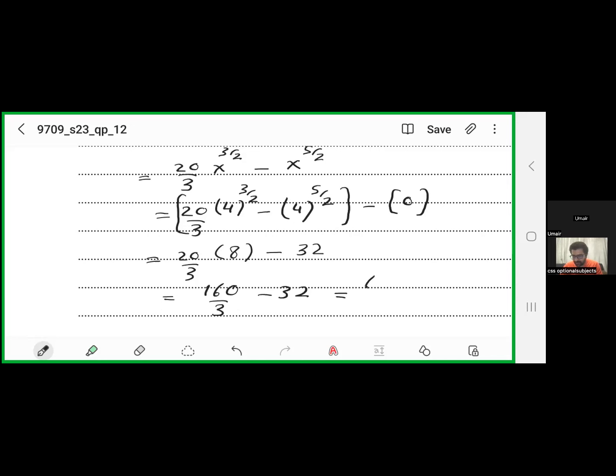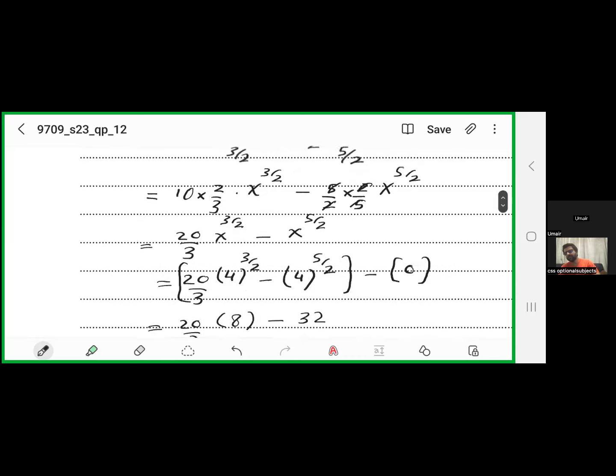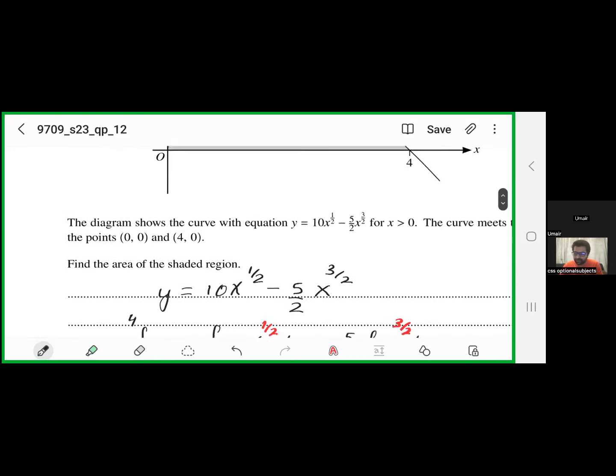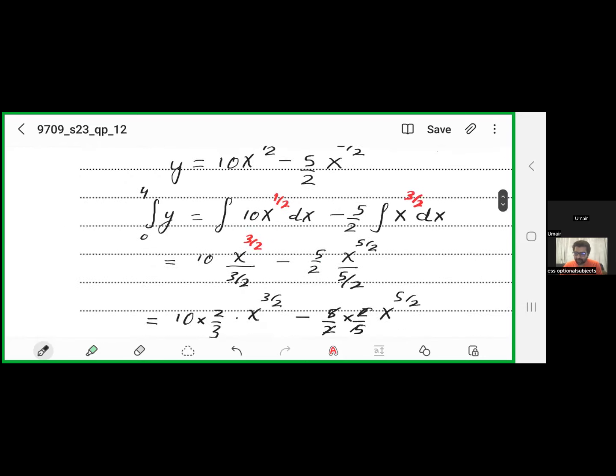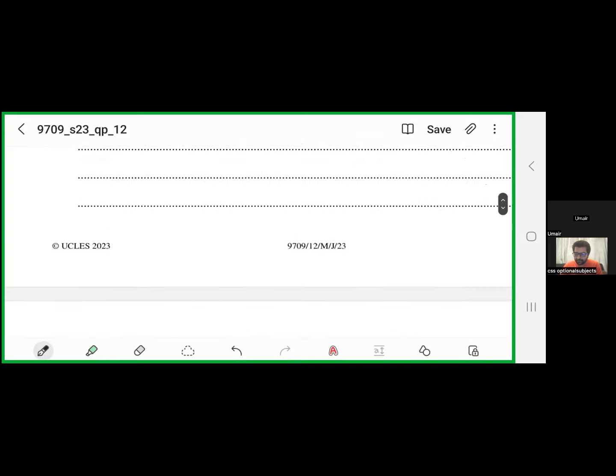So 64 over 3 is your answer. This is your shaded area. And if I calculate it in decimal, that is 21.33. This is the shaded area, or area under the curve, area of the shaded region. So you have to integrate this one.